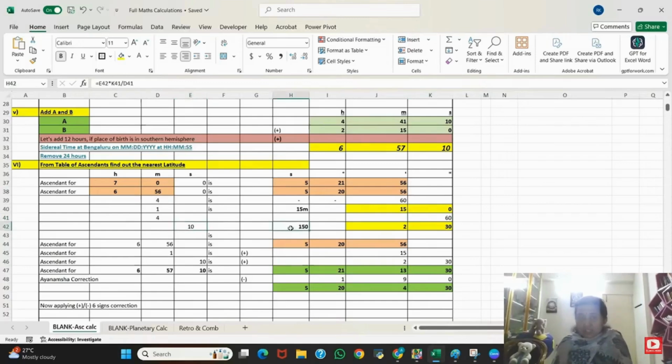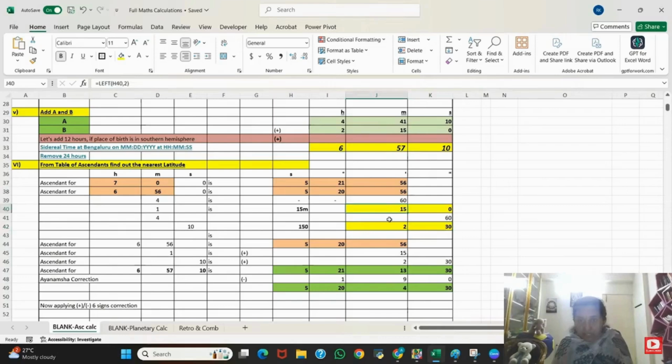It is 10 into 60 divided by 4, where both 10 and 4 were minutes, so the minute gets cancelled and the 60 had seconds, so that remains. So for 150 seconds it will be 2 minutes and 30 seconds, because 120 becomes 2 minutes, and the remaining 30 seconds is what I have noted here.